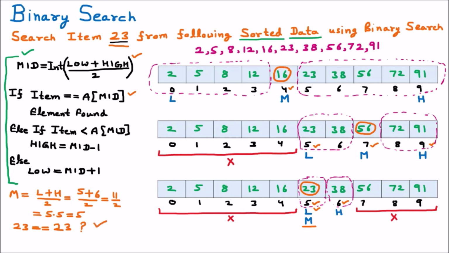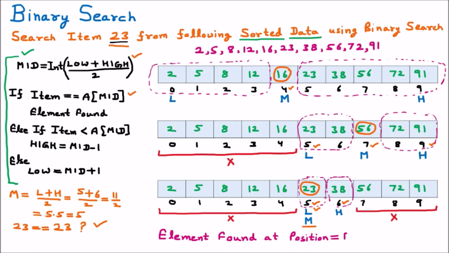So we can print that we found the element. At this particular location we found our element. We can simply say element found at position. Now here we have to give the position where we found the element. So position will be equal to m, where m means middle.